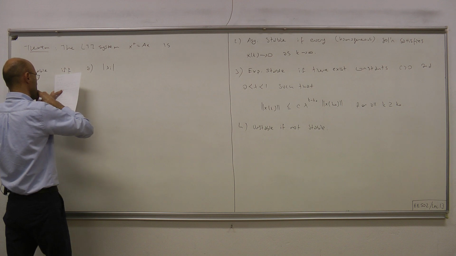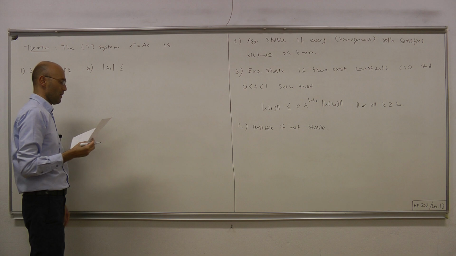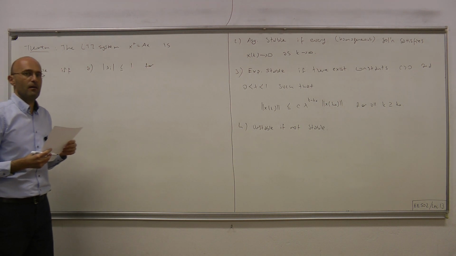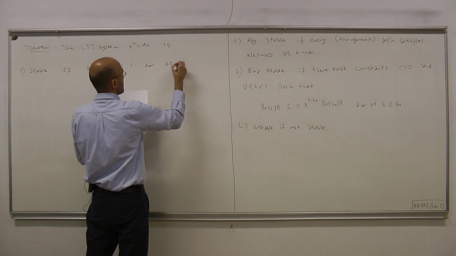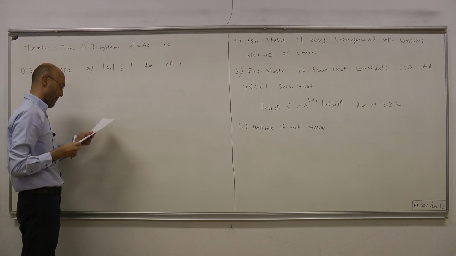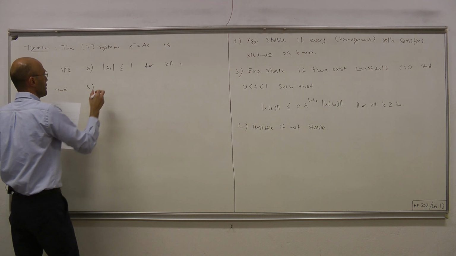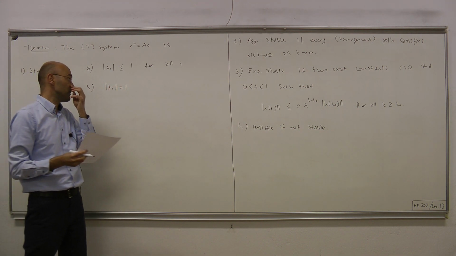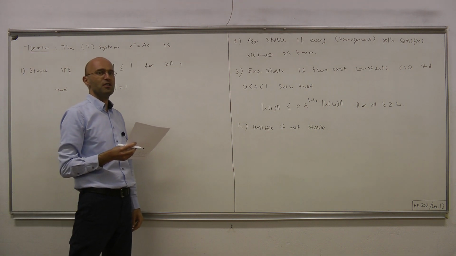If we have no eigenvalue whose magnitude is larger than 1, in other words, all the eigenvalues are in the unit disk, for all i, where lambda i indicates the eigenvalues of A, and if you have an eigenvalue on the unit circle, or on the border of the unit disk, that is, if the magnitude equals 1, then you go and check the corresponding Jordan block.